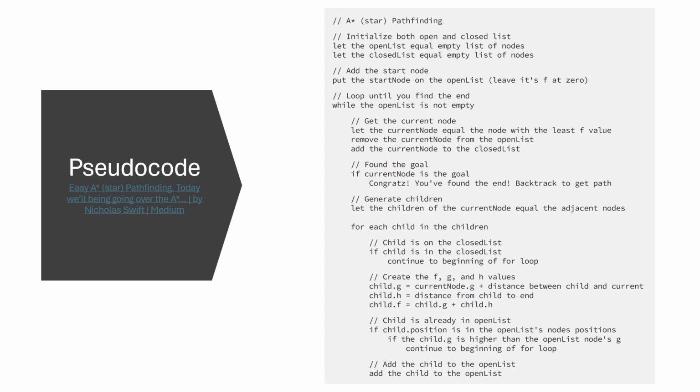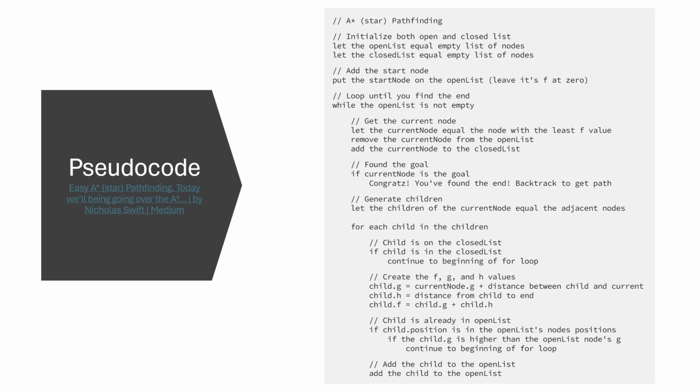Next, we're going to generate the children, which means that we're going to let the children of the current node equal the adjacent nodes, and then we're going to have another loop. This loop is going to loop through all the children in the list of children that the current node has. Next, we're going to check if the child is in the closed list, which means that we've already explored the node already. If we have, then we're going to skip the rest of the code in this loop and go to the next child.